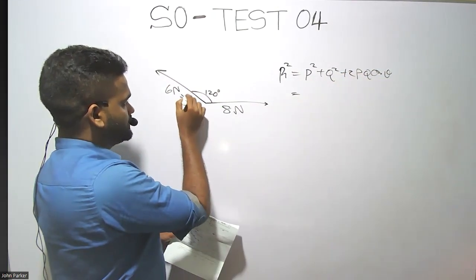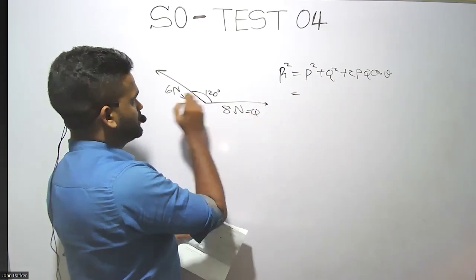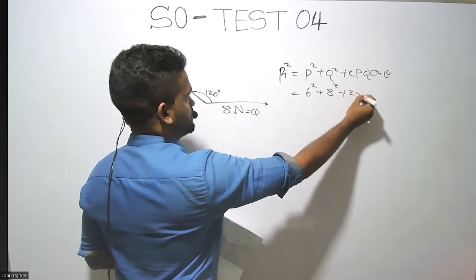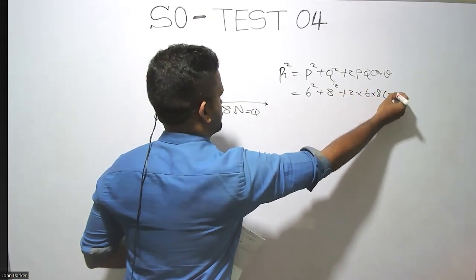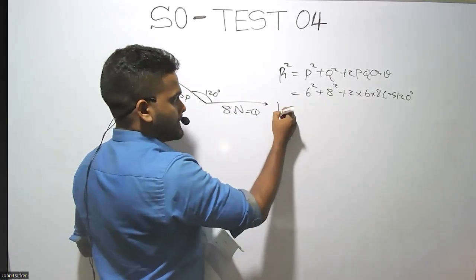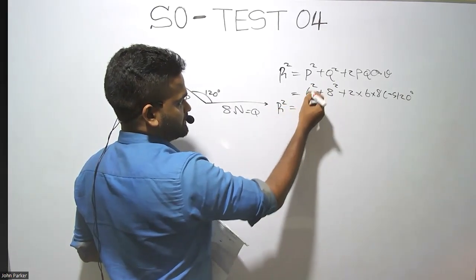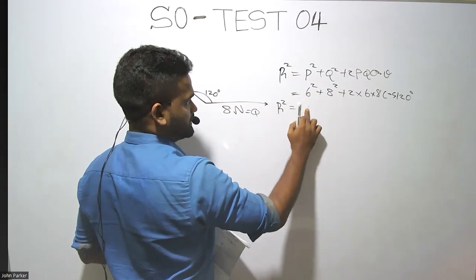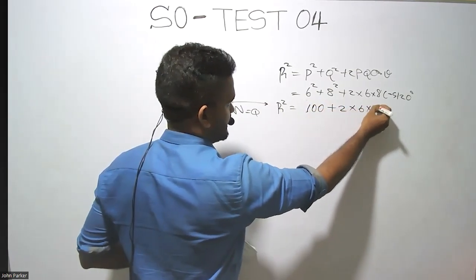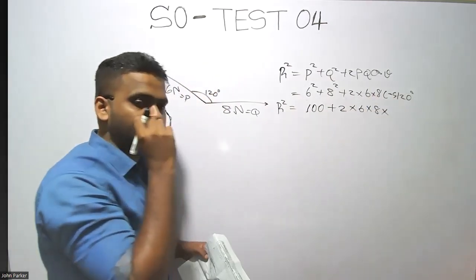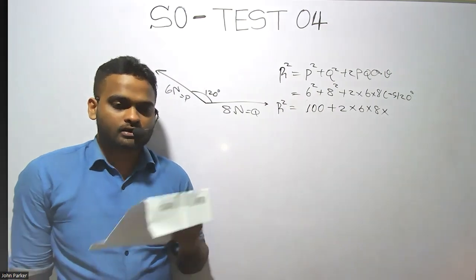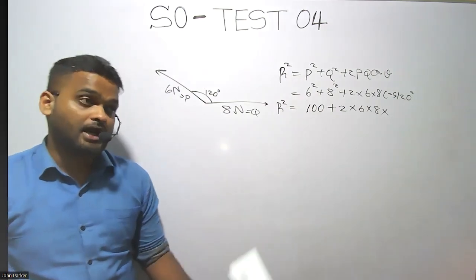One of these is P, one of these is Q. So P is 6 squared plus 8 squared plus 2 times 6 times 8 cos 120. This is 36 plus 64, which is 100, plus 2 times 6 times 8 cos 120. If you remember the value of cos 120, it is not half, it is minus 1 over 2.